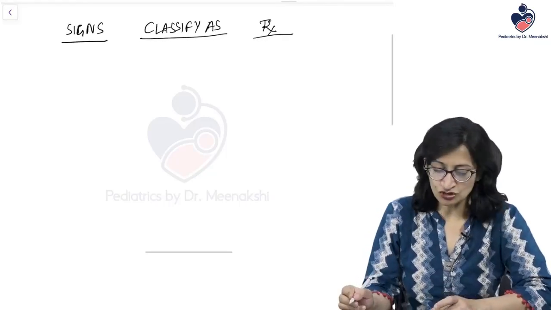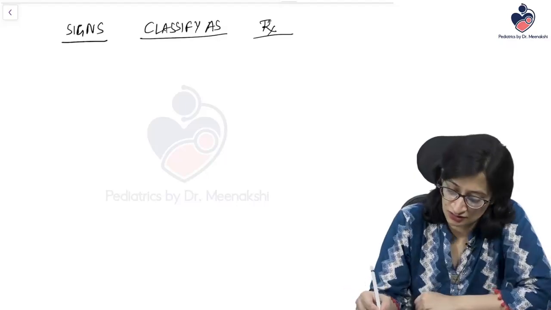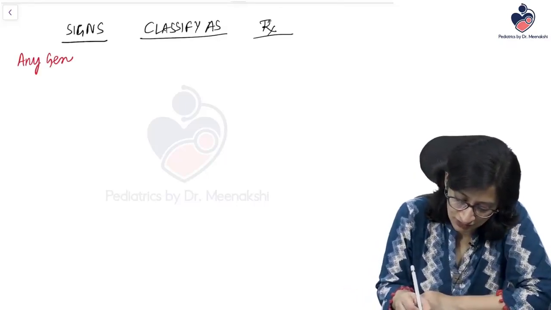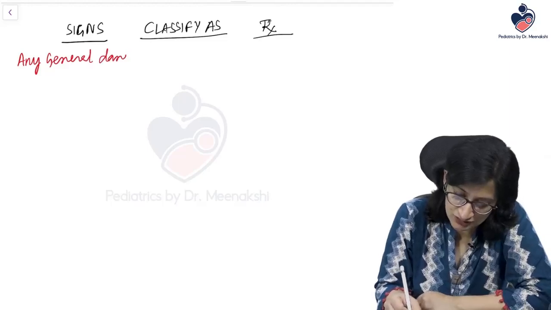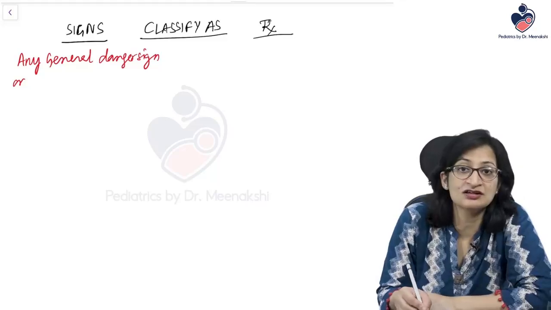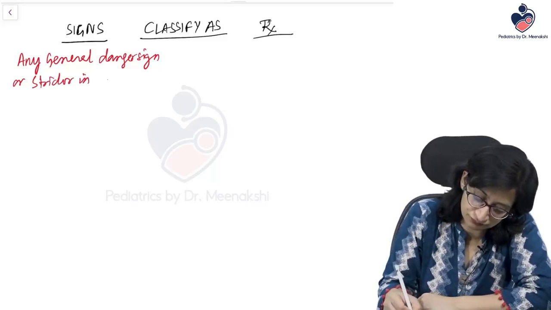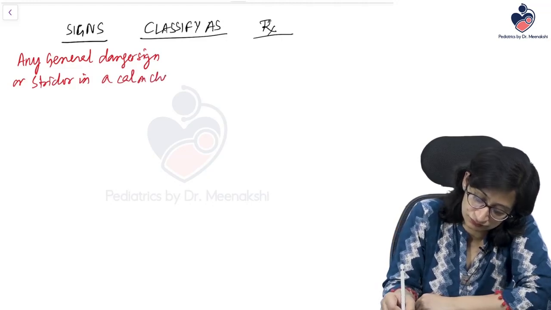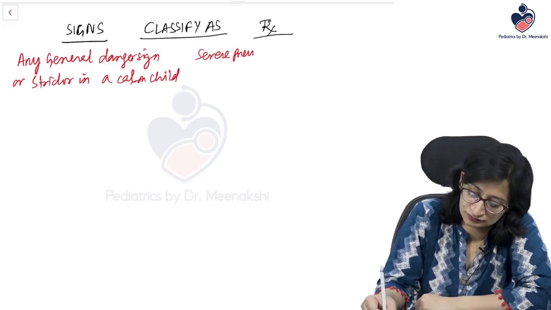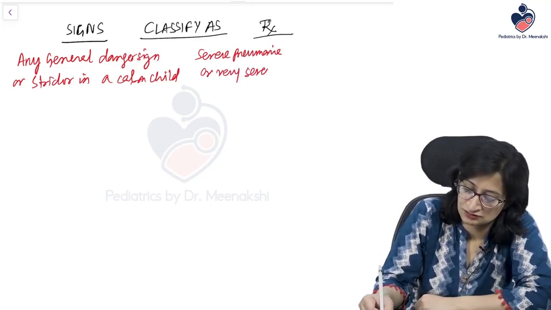If any general danger sign is there, or stridor in a calm child, you classify it as severe pneumonia or very severe disease.